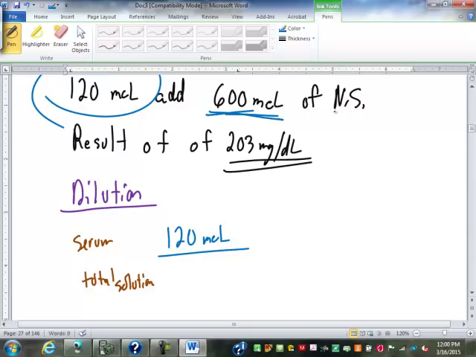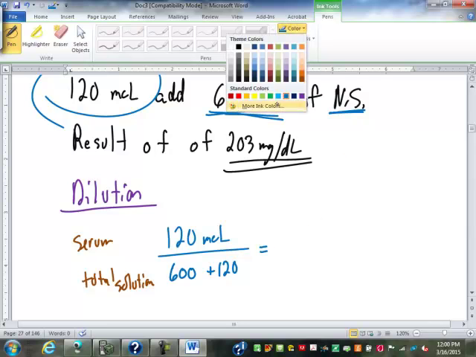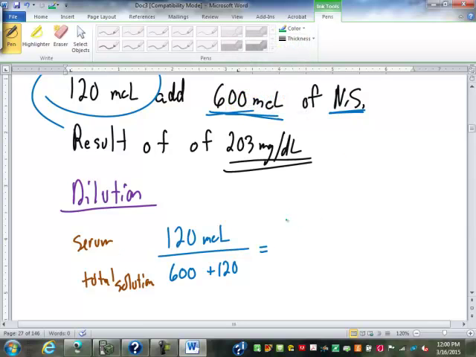The 600 was the amount of neutral solution or water that was added to it. Total solution is going to be the 600 plus the 120. So we have an actual dilution of 120 to 720. The microliters divide out. 120 and 720 are both divisible by 120 to give us a 1 in 6 dilution.